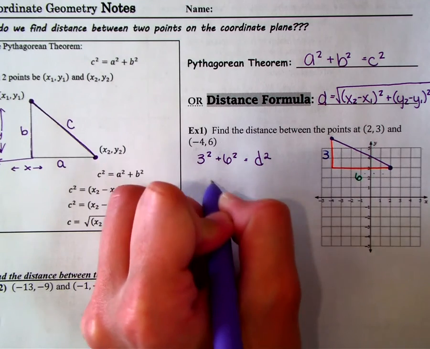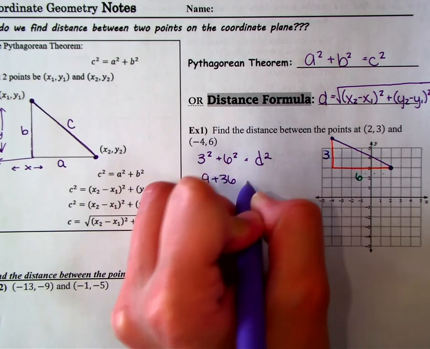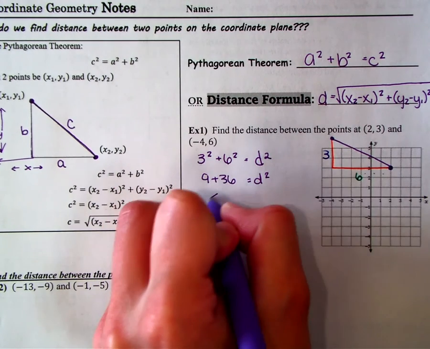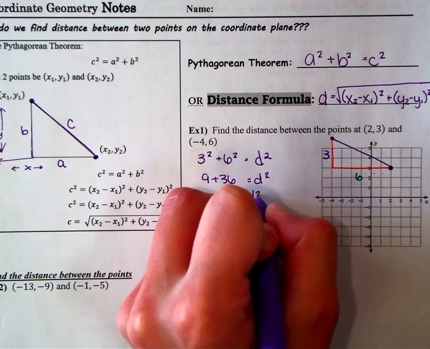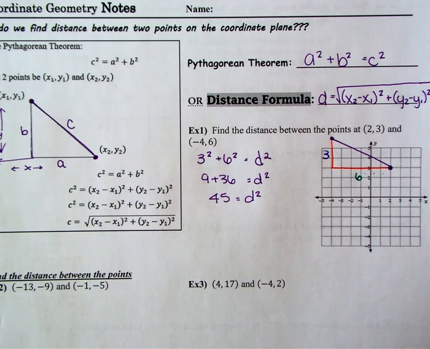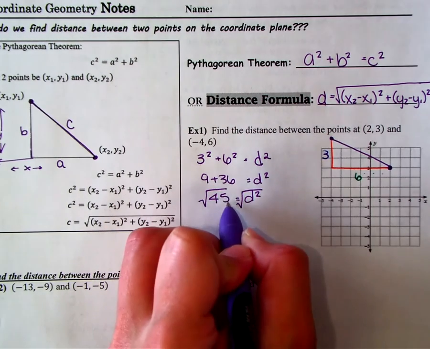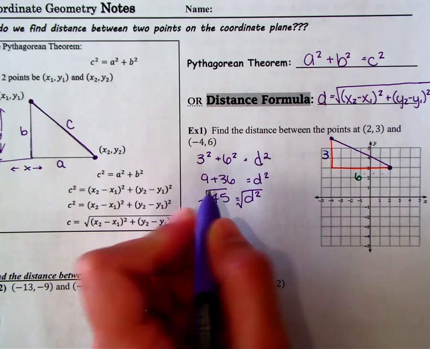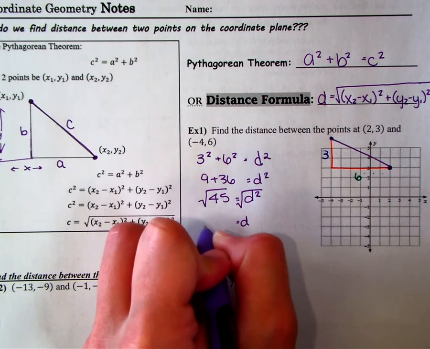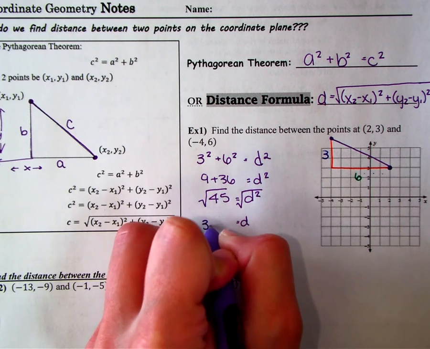So 9 plus 36 is going to give me my distance squared. We know that to solve equations, to get rid of something that's squared, we take the square root of both sides. And because we know how to simplify this radical, we can say that the distance is 3 square roots of 5.